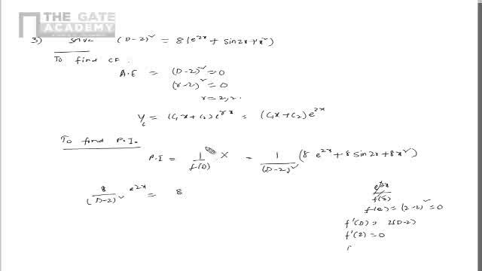So again I have to use f double dash of D, which is 2. So this will be 8 x square e power 2x by f double dash of 2.